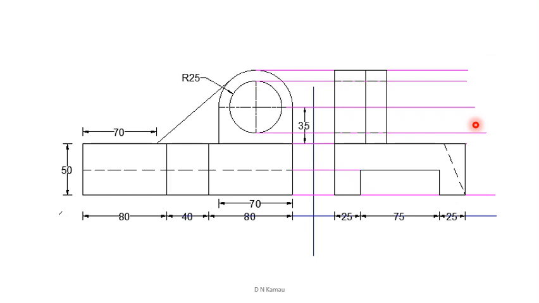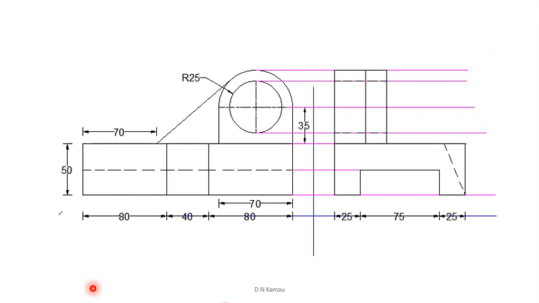The next thing is now to project our lines to this part. We are going to project all these lines downwards, like that is the first one. We are going to project this one, the center line, that one, this one, that, that, and also that one.